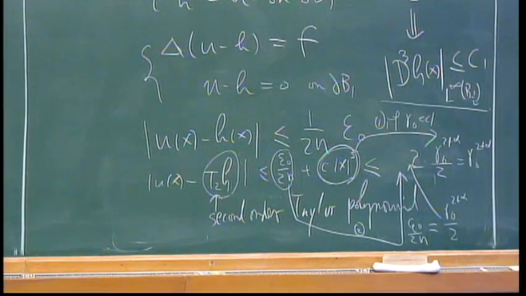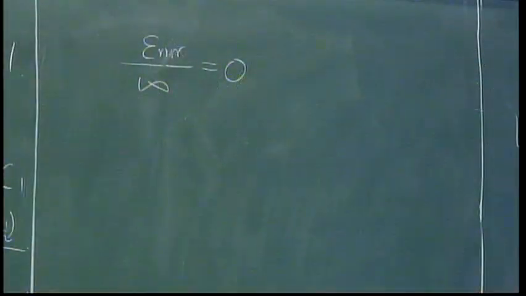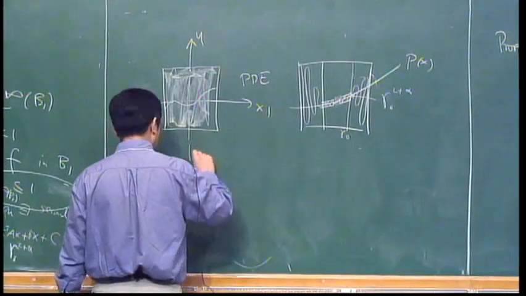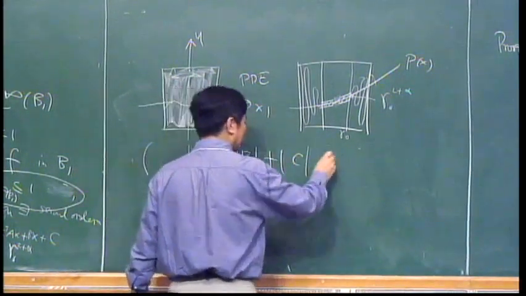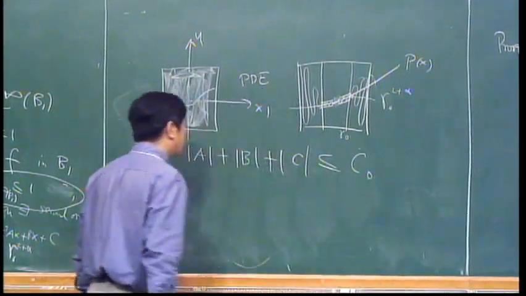And one thing I didn't say is how the derivative bound depends on u. That is actually automatic because this picture converges so fast. Necessarily, A plus B plus C is less or equal to a universal constant.